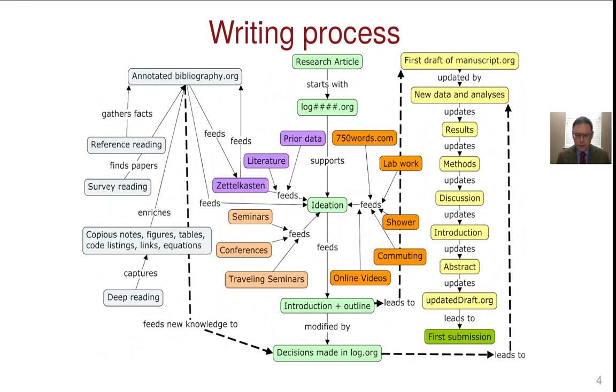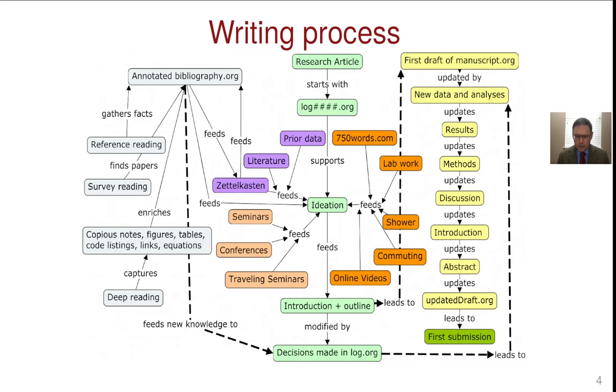The rest of the manuscript is built around that central hypothesis. So the results section will include experiments that address the central hypothesis, and it will exclude experiments that have nothing to do with it. Likewise, the discussion points address the central hypothesis.